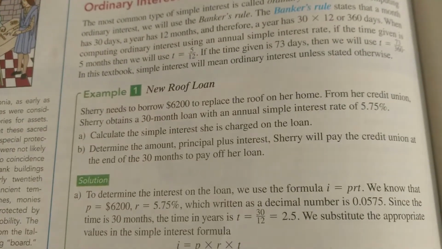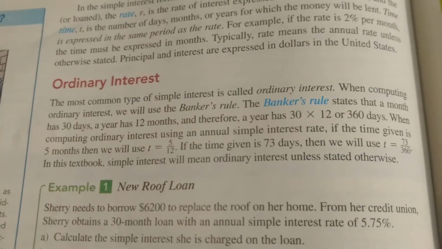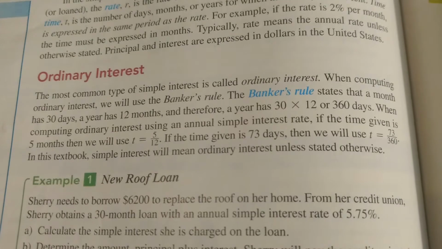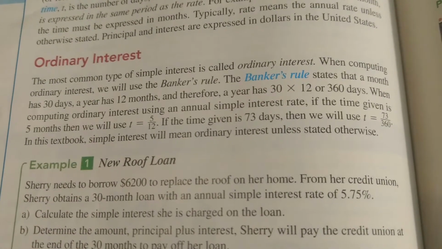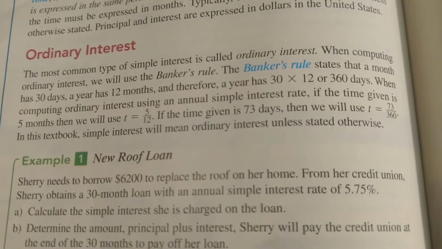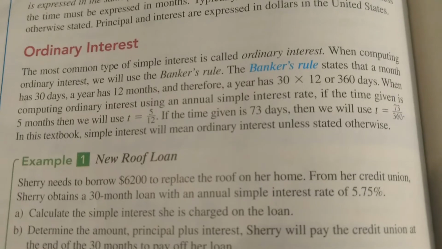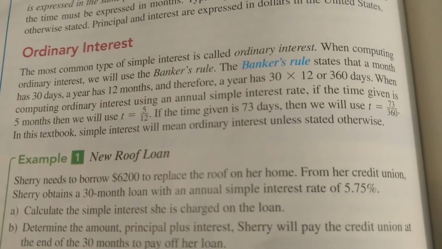Make sure you understand, the most common type of simple interest is called ordinary interest. When computing ordinary interest, we will use the banker's rule. The banker's rule states that a month has 30 days, a year has 12 months, and therefore a year only has 360 days.